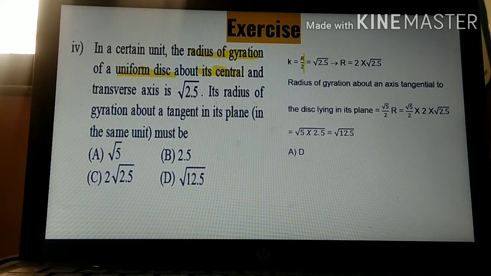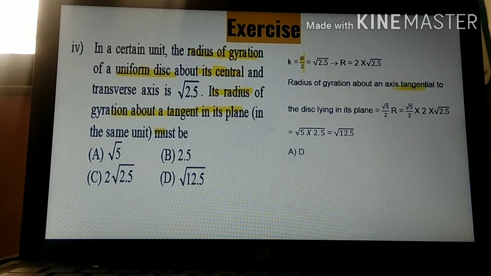We have to find out the value of r from this formula. So what we will be doing, we will be taking 2 on this side. So we will be getting r is equals to 2 into under root 2.5. What they have asked, its radius of gyration about its tangent in its plane we have to find out. Okay, and it is in the same unit.